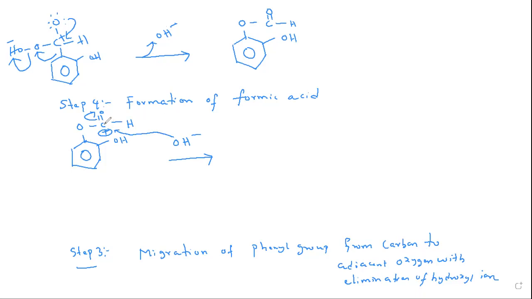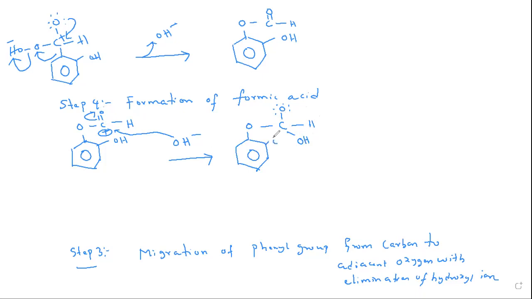Therefore, this carbon will form a new bond with OH minus. So you can write here the benzene ring, oxygen, and as one of the pi bonds has migrated towards oxygen, you will get only a single bond with oxygen, 3 lone pairs of electrons, followed by hydrogen, and this is the new bond formation.